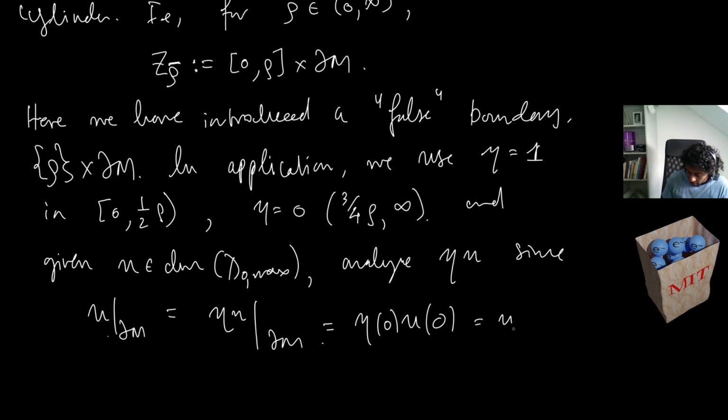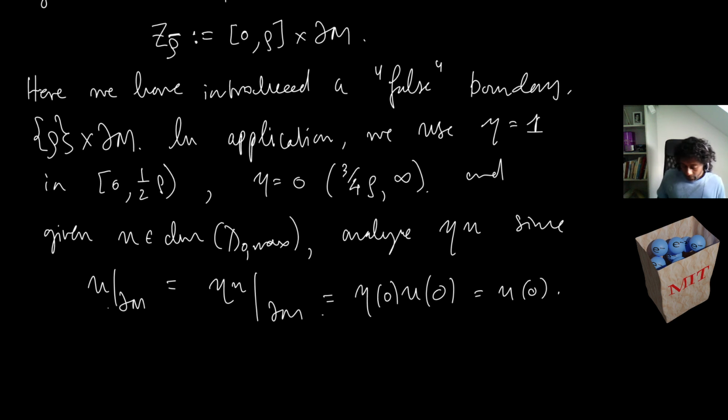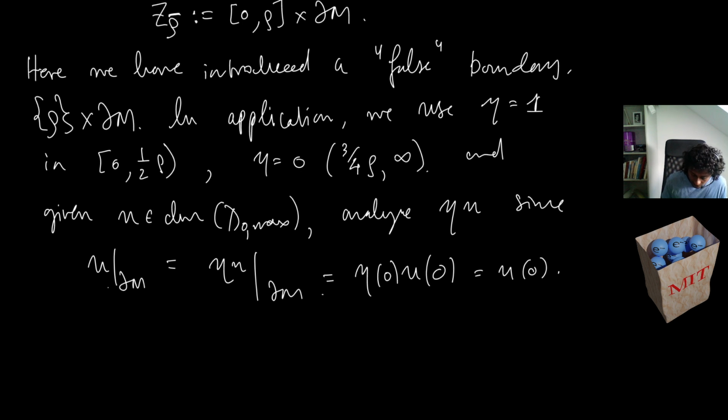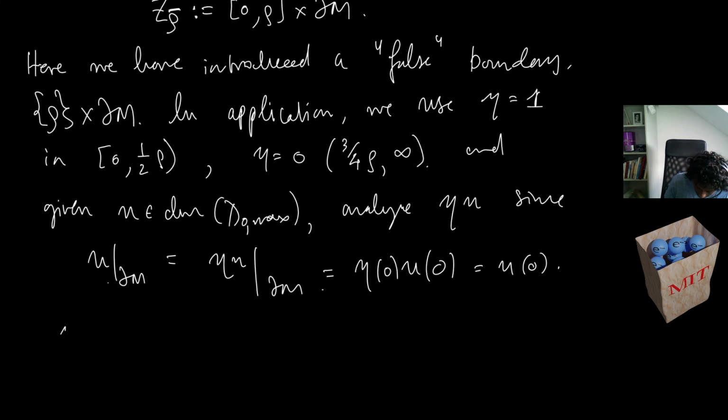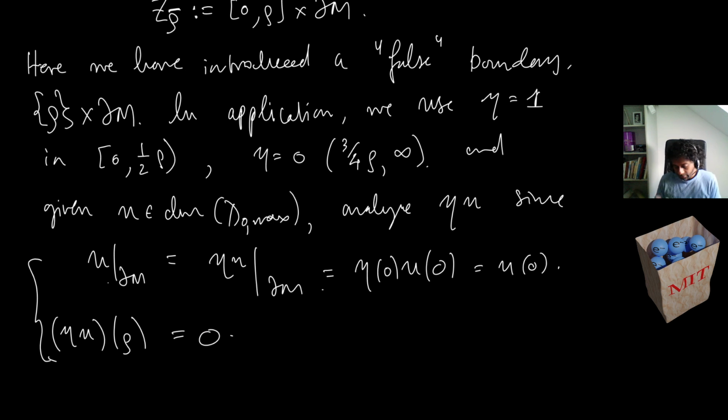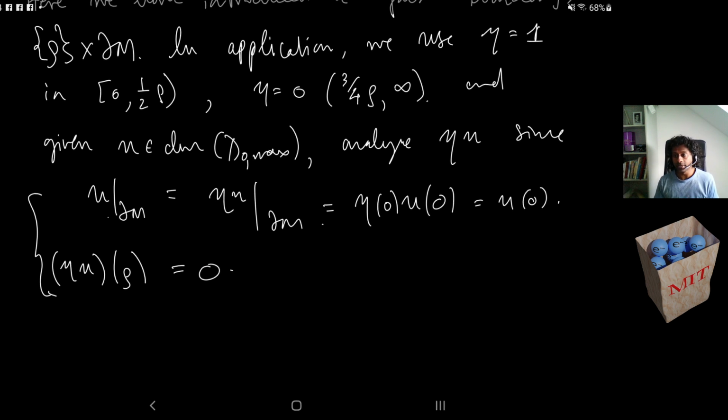So this is u0. The point is that at the false endpoint rho, eta u is equal to 0. So the false boundary disappears. It just appears as a technical necessity.